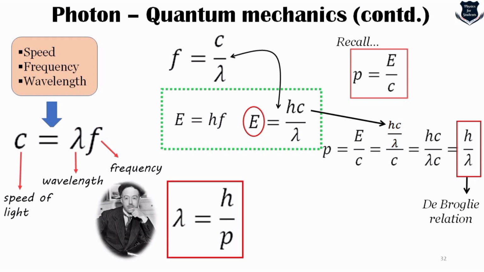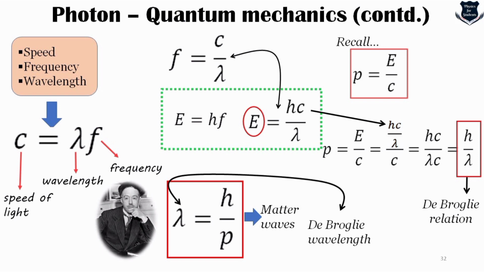So the de Broglie equation is also written as lambda equals h upon p, right? This is actually what is called matter waves, and lambda is also known as the de Broglie wavelength.